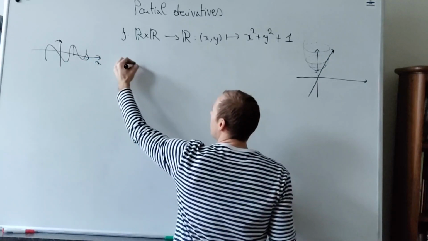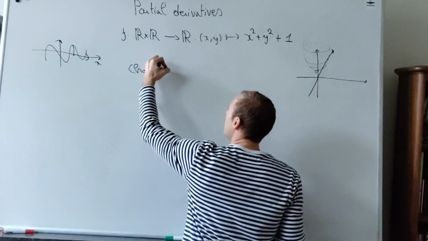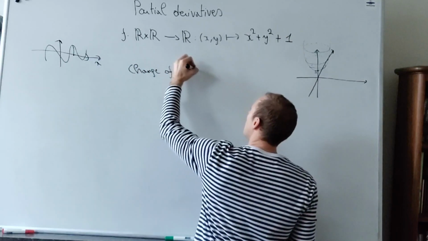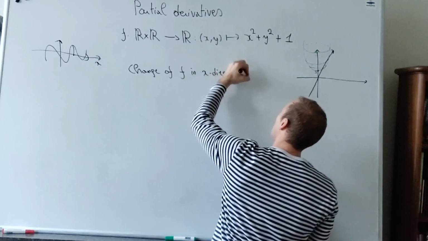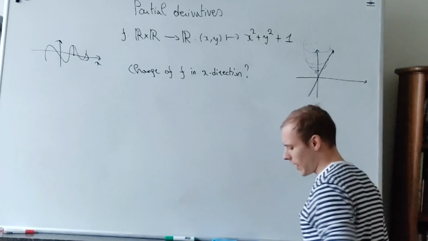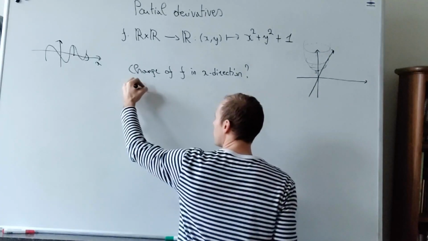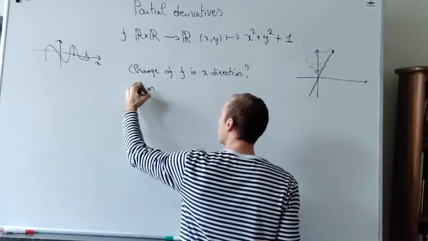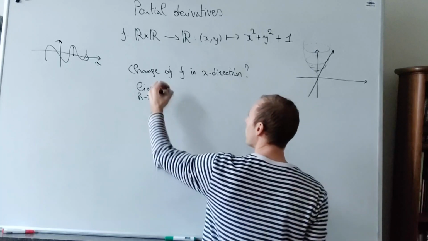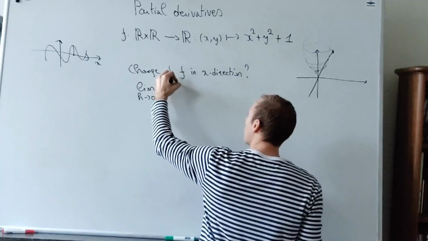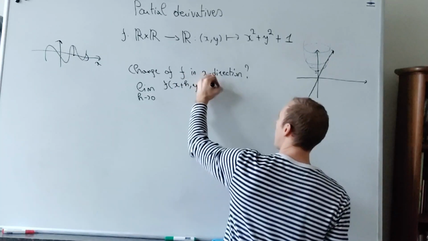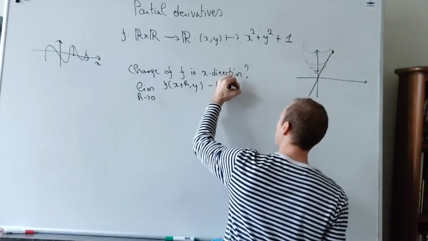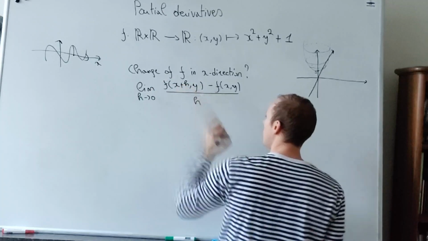But we can still wonder about the change of f in the x direction. We can still do this, and its definition is we can take a look at the limit of h going to 0 of f of x plus h, and I fix a certain y, minus f of x and y, divided by h.